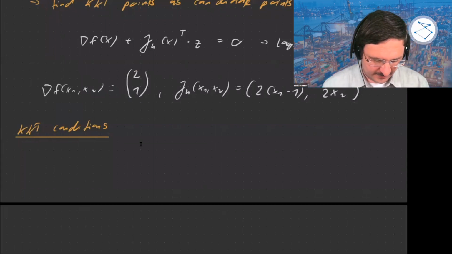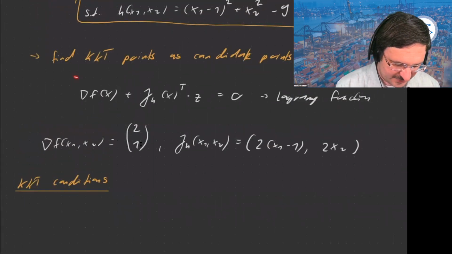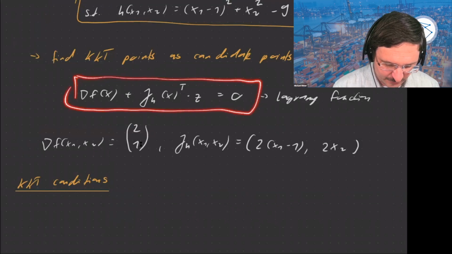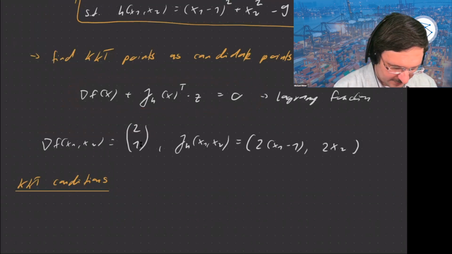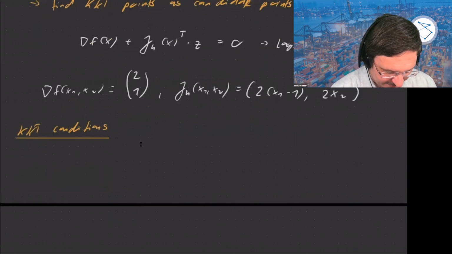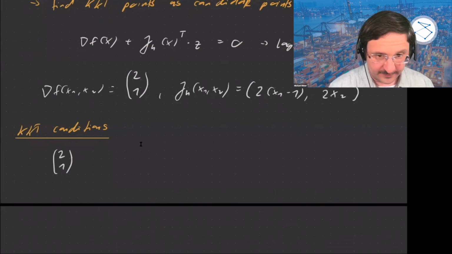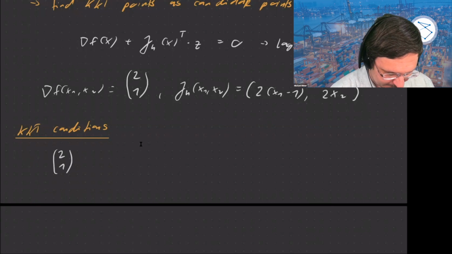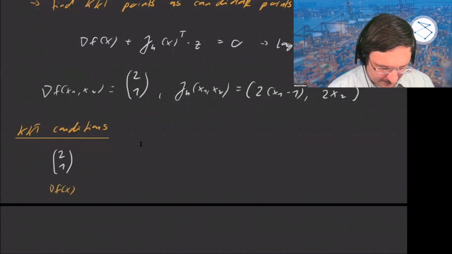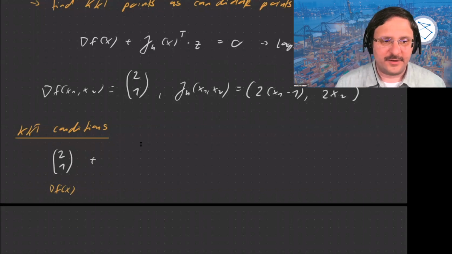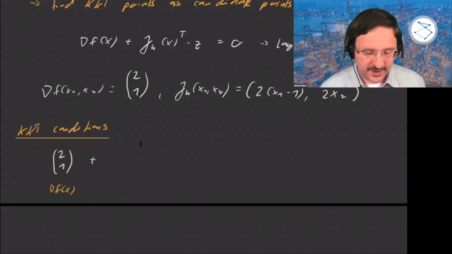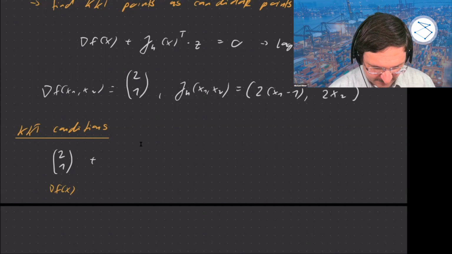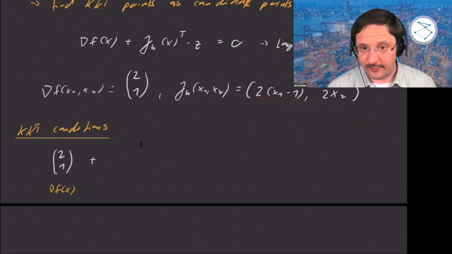And again, for those KKT conditions, we need this Lagrange equality here. So we have (2, 1). This is the gradient of f. Plus, then we have the transposed Jacobian of h. So instead of columns, we now have rows.